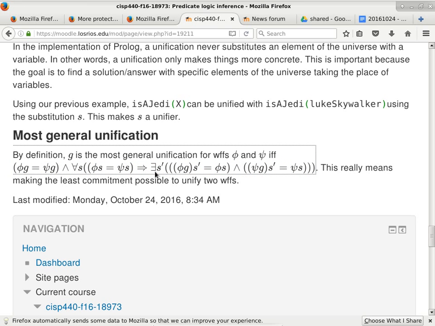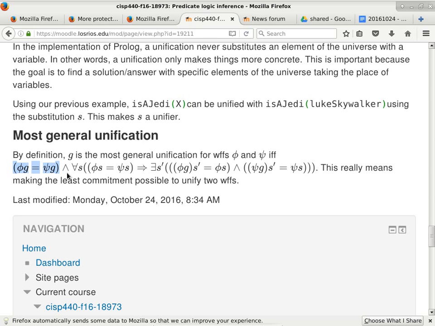First of all, we have an implication. And then we want to say, okay, what about this implication? So the implication is inside this whole thing, so we want to see what is outside here. This is outside of any quantification. So the first part that you need, in order for g to be a most general unification, is to say that it is a unification to begin with.